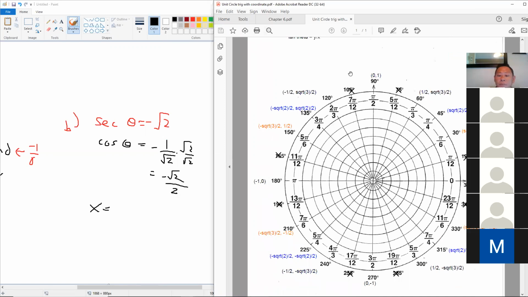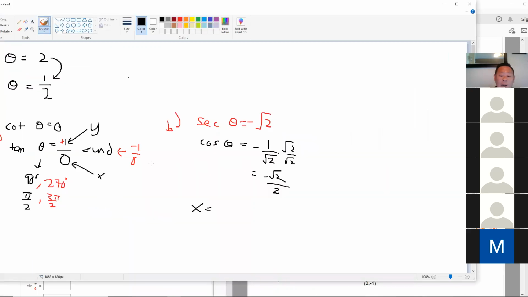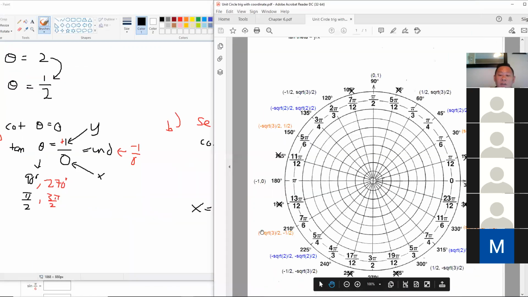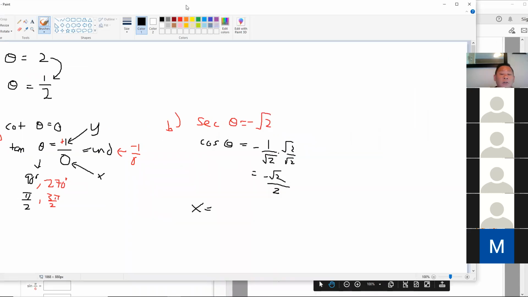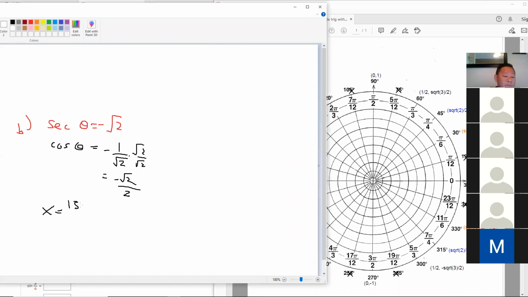No, because your angle has to be in positive 0 to 360, so this is not negative. So look at your x value here in your unit circle. What x value will give us negative root 2 over 2? 135. 135 or 3 pi over 4. What else?